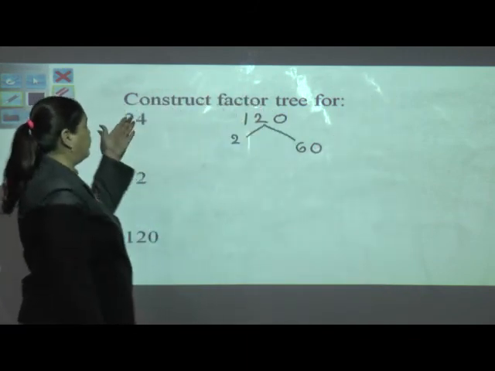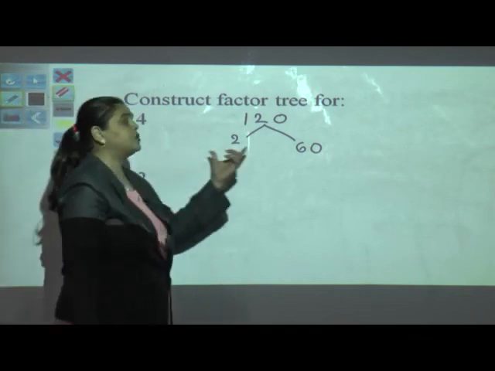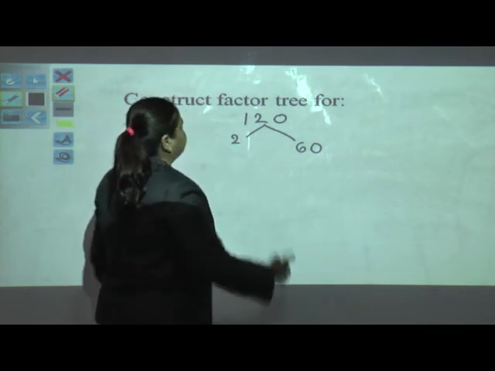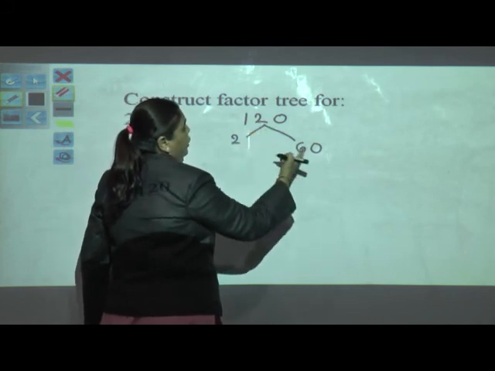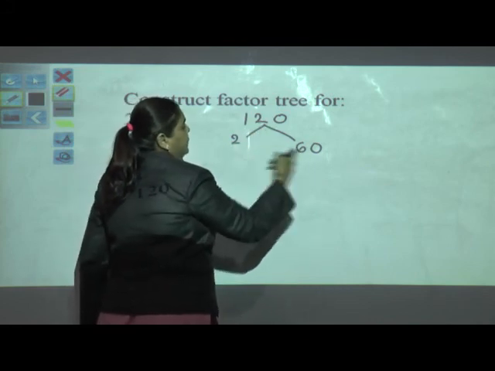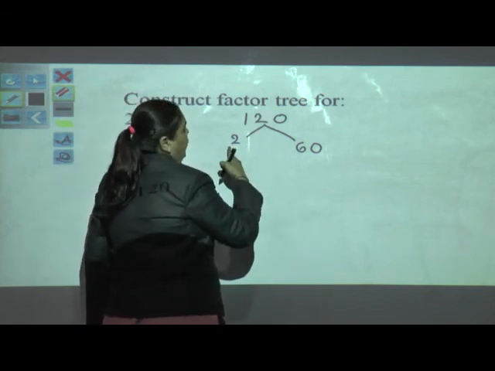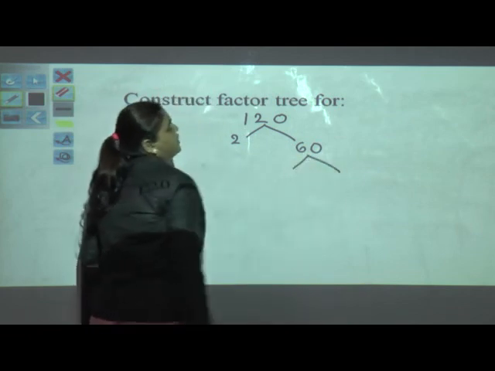Just by doing these 2 examples, you got the practice of this. So we have to do some smart work and use some trick to find out. Now this is 6 2s are 120. If you are confused, you can multiply these numbers and the product will be 120. Now I can't do it for 2 because it's a prime number, but I am having one more number which is a large number.